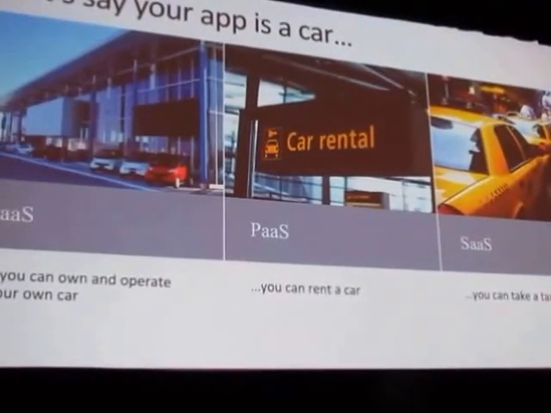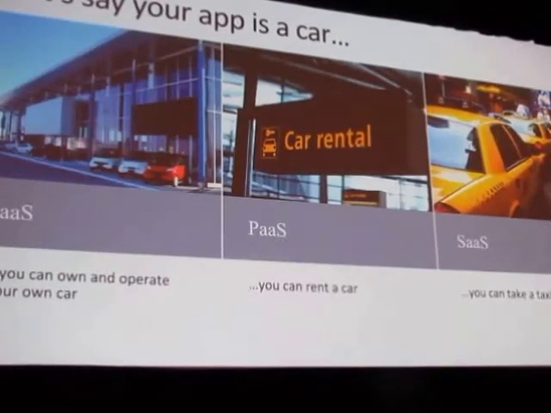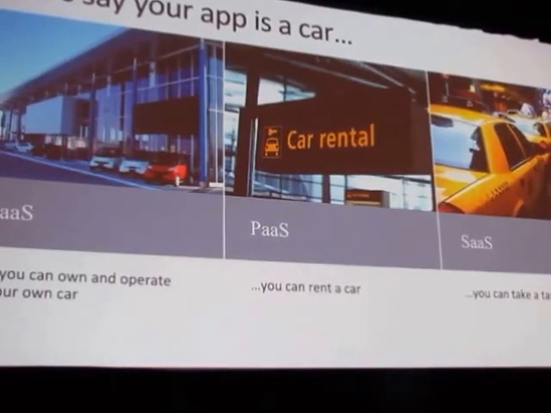The app service team likes to use this analogy. I don't know if anybody went to the app services talk, but if they did, they probably saw this slide already. IaaS is you owning and operating your car, which gives you lots of control, but also lots of responsibility. Right? You have to pay insurance on it, you have to figure out where to park it, all that kind of stuff.